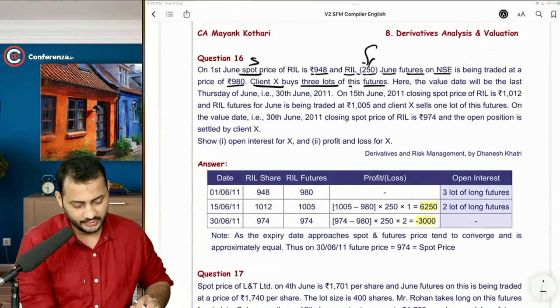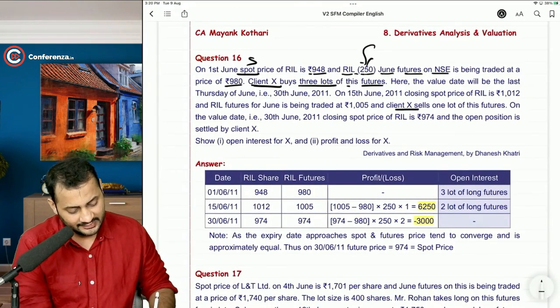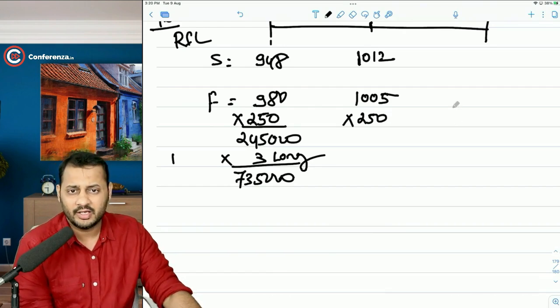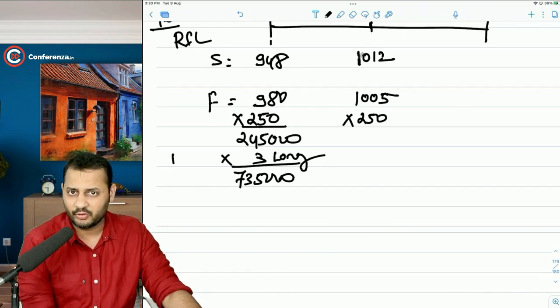Okay, good enough. And client X sells 1 lot of this future. Now what happened in this case? I don't know why they have given the prices of spot market, because I don't think this is useful in this case.